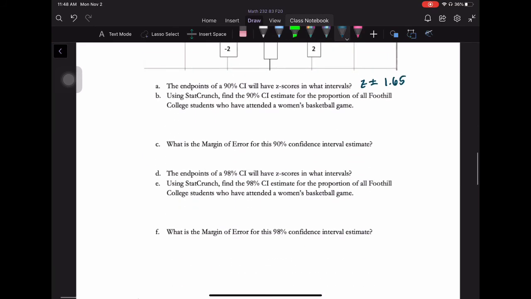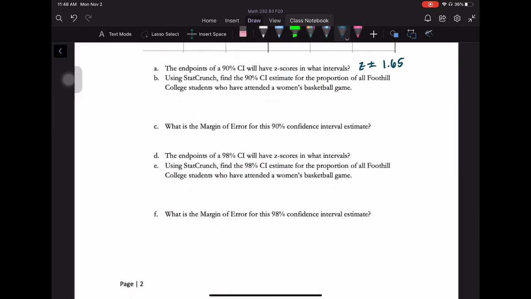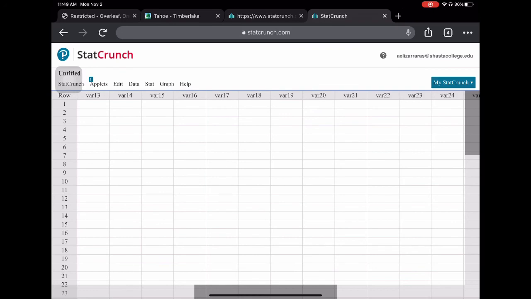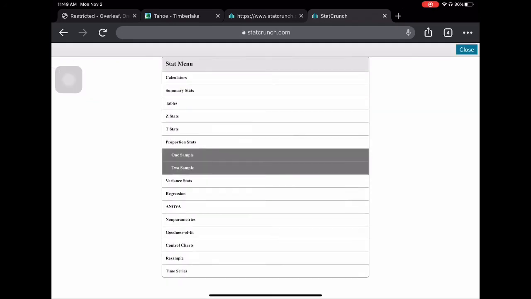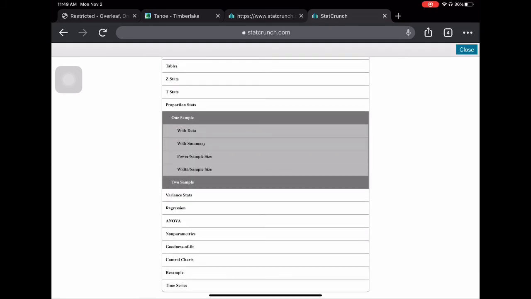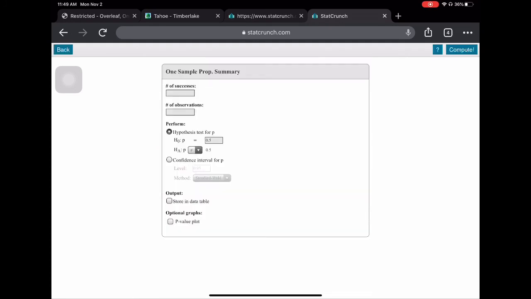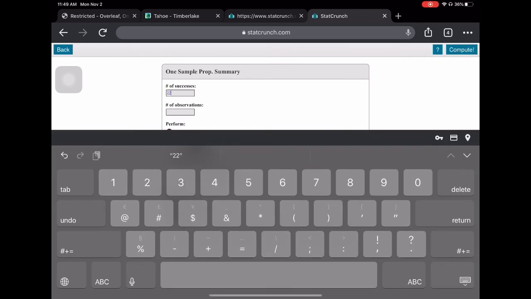We're going to hop over to StatCrunch now and calculate. Okay, first you want to click Stat. Then you're going to do proportion stats for one sample, and we're creating with summary. With data means you have a list of all of the different sample values. Most times you're going to just do with summary. We had 22 successes in this problem, and we had 145 observations.